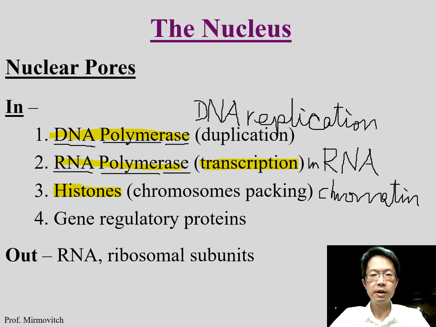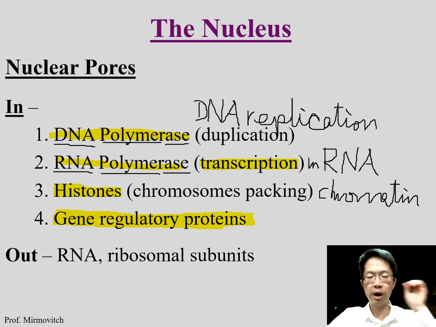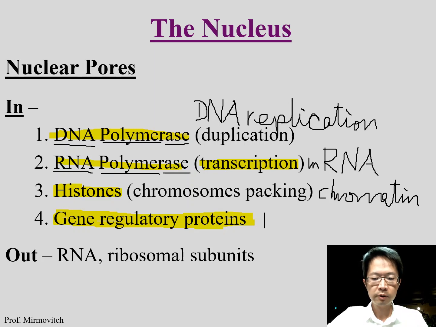Chromatin is basically a DNA strand, a polymer of DNA, wrapped around histone protein. When DNA is wrapped around histone, you may call that chromatin. And then we have other gene regulating proteins that we will not go into details about. If you take upper division molecular biology, it will tell you some examples of these gene regulating proteins. For example, primers is one of those gene regulating proteins.